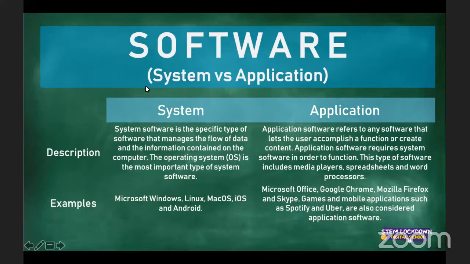Let's get a vote going here. Could I make use of Word if I didn't have Windows? No, I couldn't. Okay, so for every application software, there's some sort of reliable system software that it needs to use. So we always need to know that the operating system, that is why it is the most important type of system software.